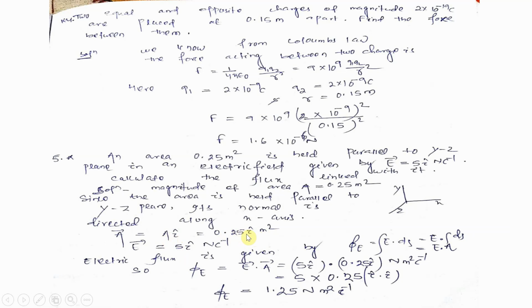We represent it as 0.25 i cap meter square, and the electric field intensity given in the question is 5 i cap newton per coulomb. So electric flux by formula, phi equal to E dot dS or E dot A, where A means total area. Taking the dot product, i dot i is 1. So simply 5 into 0.25, we get 1.25 newton meter square per coulomb. You can solve many more problems from your books.